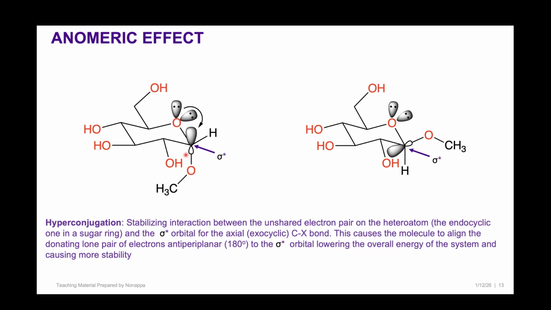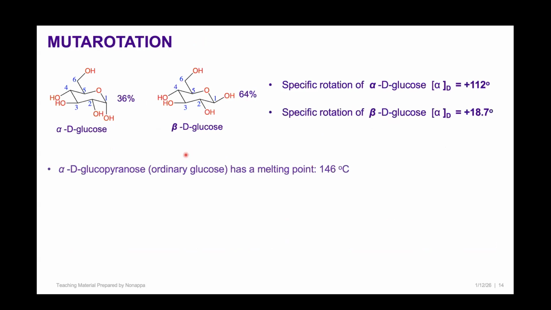So the anomeric effect is routinely observed in carbohydrate chemistry, where axial electronegative substituents are favored unlike the equatorial position. And this is due to repulsive interaction, dipole minimization, and hyperconjugation.